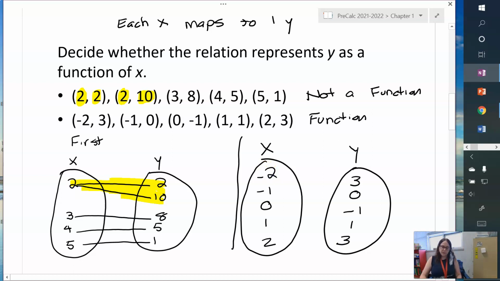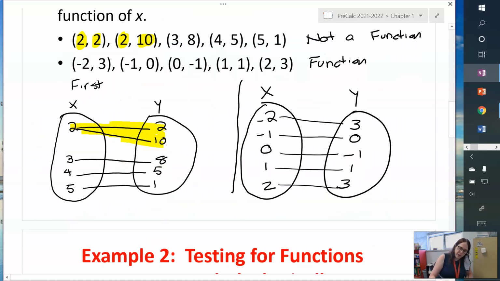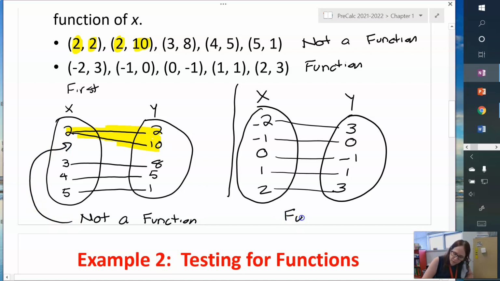Now let's sketch the mappings. -2 goes to 3, -1 goes to 0, 0 goes to -1, 1 goes to 1, 2 goes to 3. Do you notice how none of those are overlapping? So from a picture standpoint, the first one is not a function, and this one over here is a function.